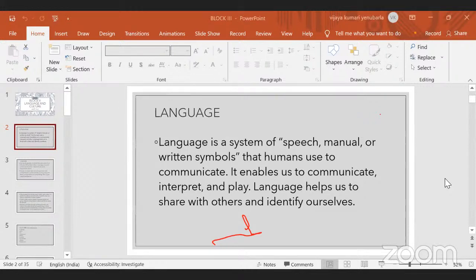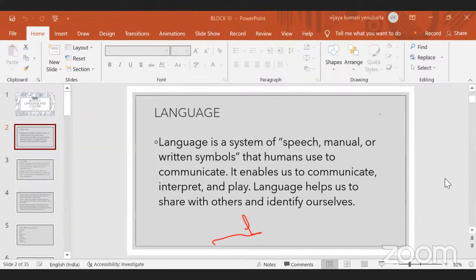Language is a system of speech, manual or written symbols. Try to remember the definition. Only speaking is not language. Language can be in written form. If you write, you are communicating, and other persons can read.